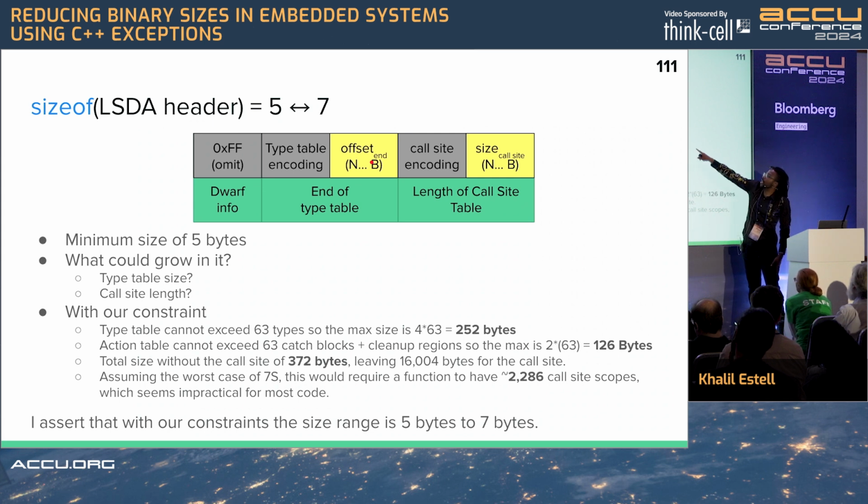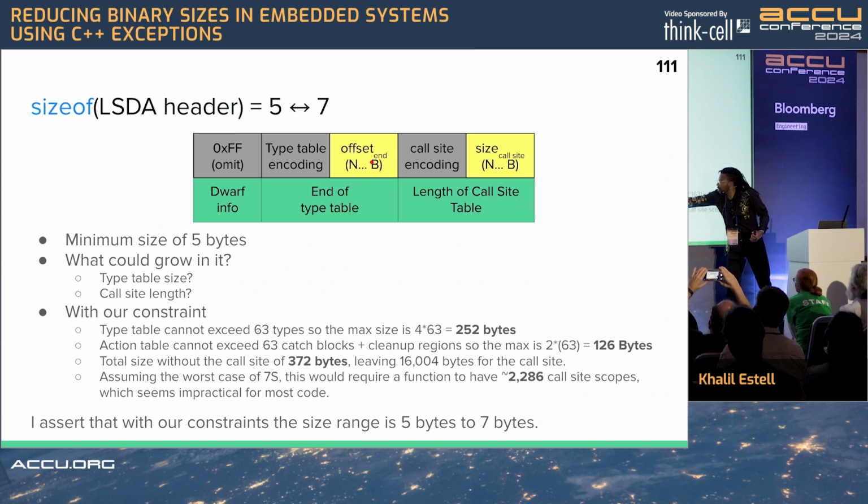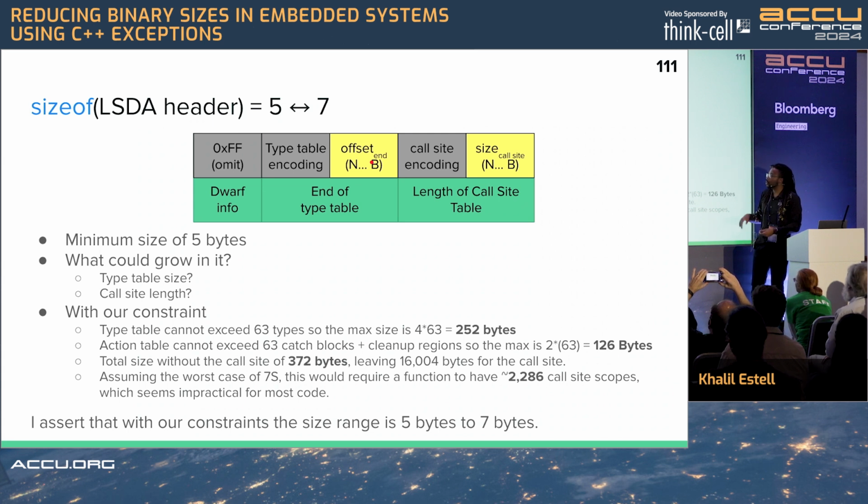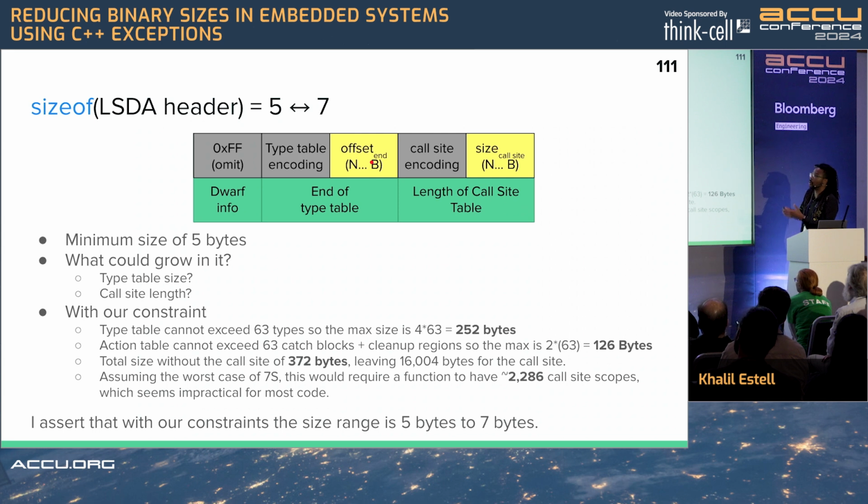For us to have any one of these offsets exceed 2 bytes to get to 3 bytes of uleb128 value information, our actual data structure needs to somehow exceed 16 kilobytes in total. So we have 16,004 bytes left for the call site. That's the only area we haven't defined. We already know how big the table is, but we don't know how big the call site is.